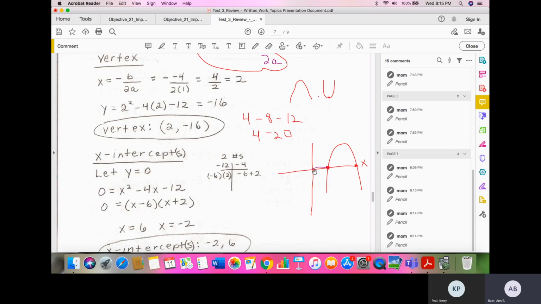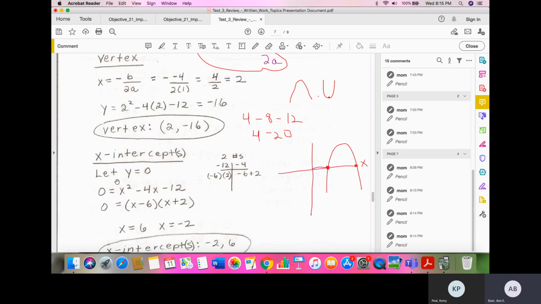Now this origin is 0, it has an ordered pair 0, 0. The x-coordinate is 0 and the y-coordinate is 0. What that means is any point on the x-axis, I can trace over to the origin and the y-coordinate is 0. Any point, doesn't matter where it is. Every point on the x-axis has a y-coordinate of 0.